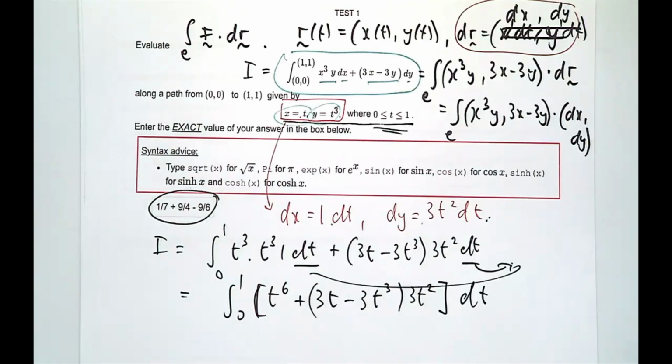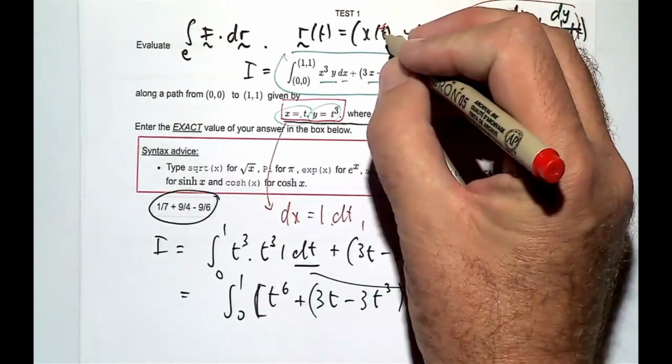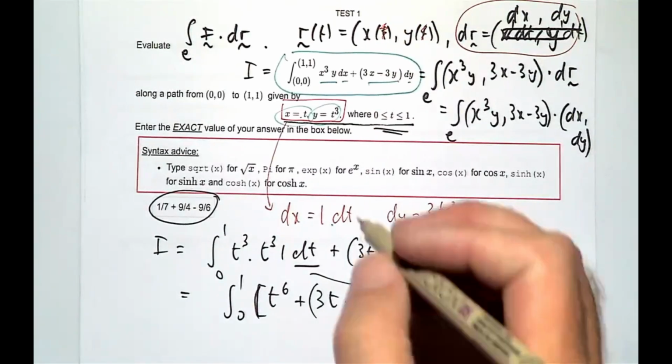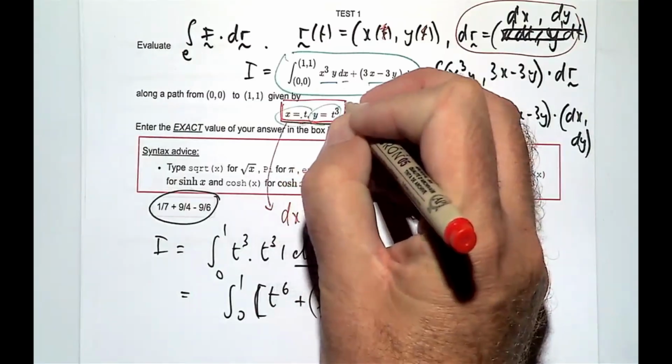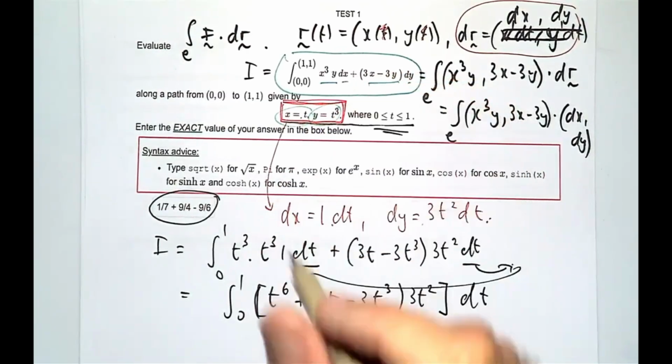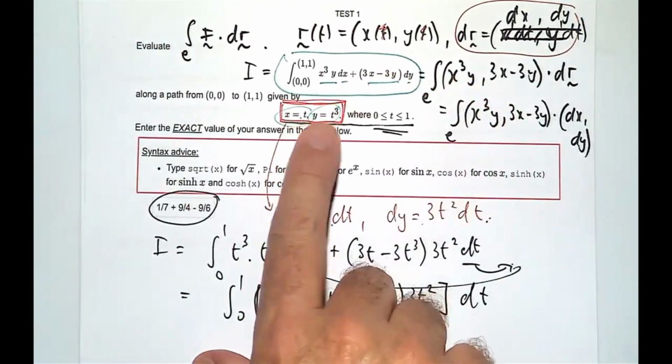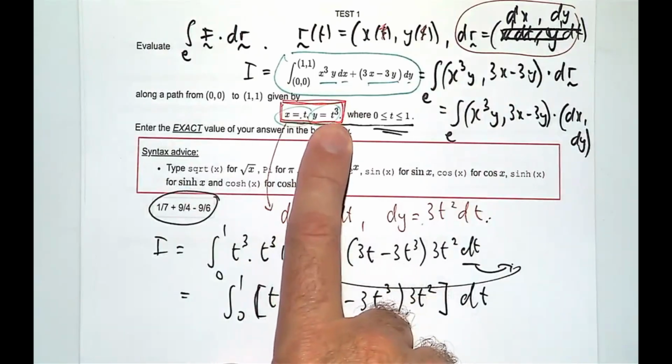But maybe it's even better if you want, just remove the t's for now, right? But here's your expression. Yep. That's your first function of t, that's your second function of t.